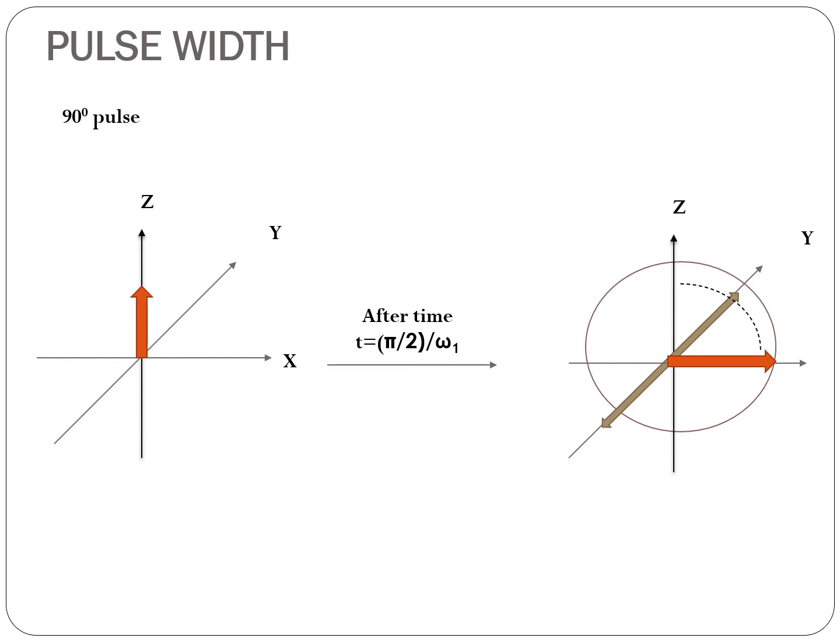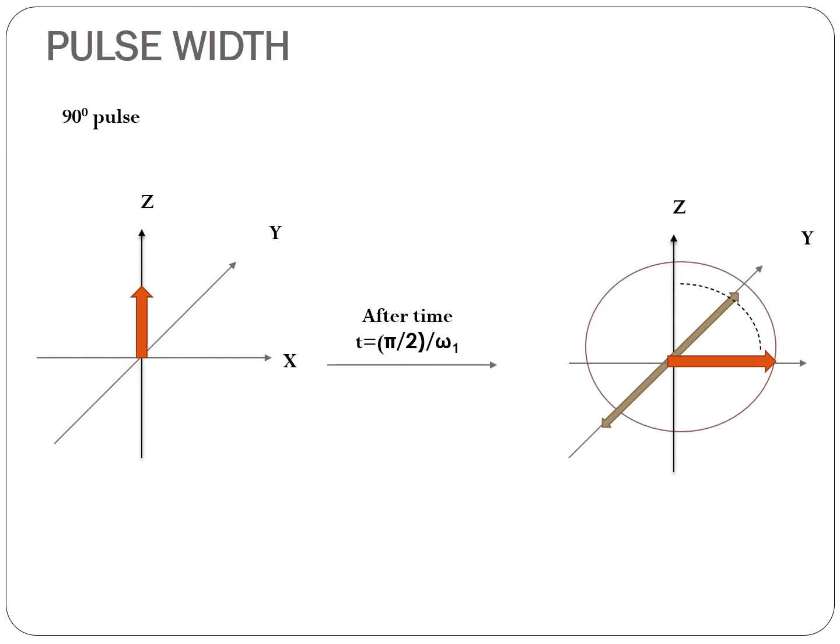That means all the bulk magnetization is bending by 90 degrees towards the x-axis, such that we are giving the pulse for a time of pi by 2 omega 1. This is the time required for switching on and switching off of an RF radiation to excite the bulk magnetization from the z-axis to the x-axis.